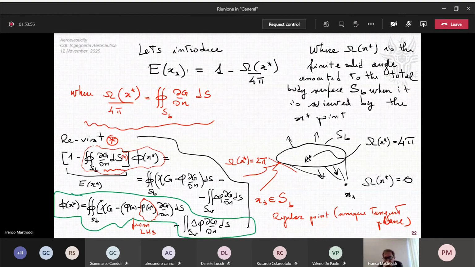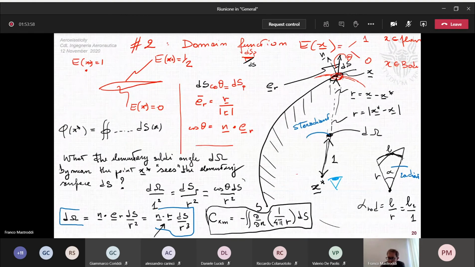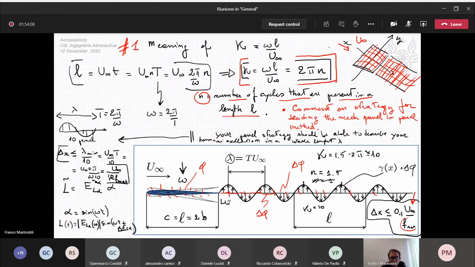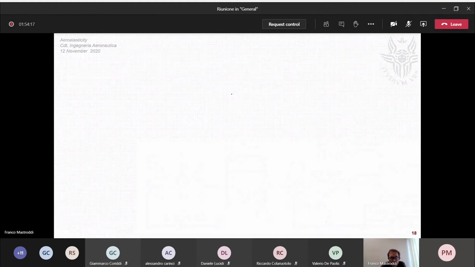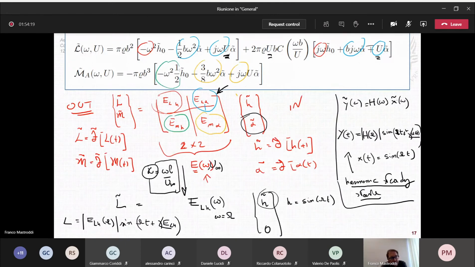I finished introducing my number 2 item of today. Today we have explored these 2 items. Here we have explored the number 1 item, the meaning of Strouhal number or reduced frequency, and initially we have discussed the generalized aerodynamic force matrix as a frequency response matrix.